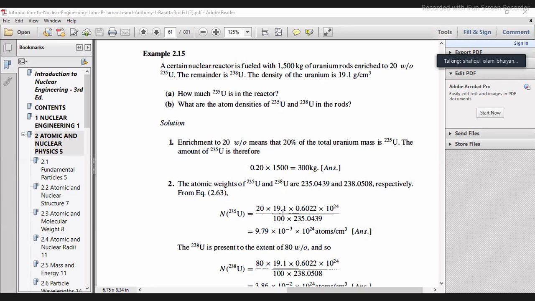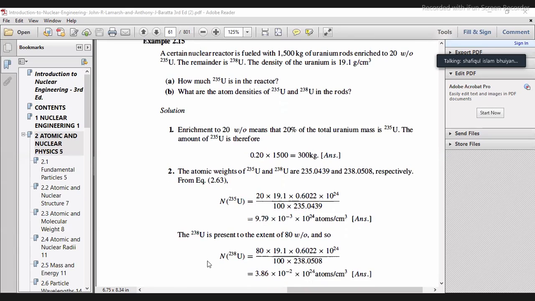Rho times Na, and since it is 20%, you just multiply it by 0.2, and Na by the atomic weight, not molecular weight. Because the atomic weights of U-235 and U-238 we know. If we considered molecular weight, then you would add these two. But here we are concerned with the atomic.